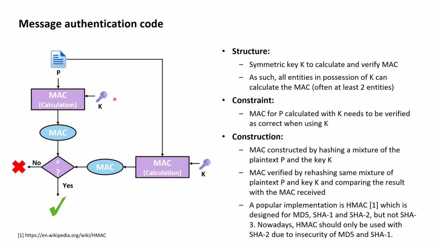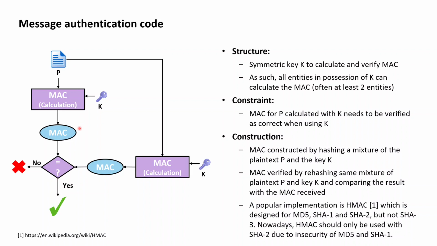If we now assume to have such a symmetric key K, we can then take our plaintext and together with the symmetric key K trigger a MAC calculation, which will result in a MAC tag.